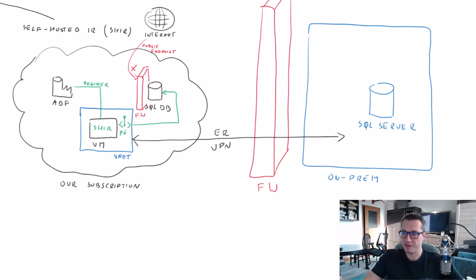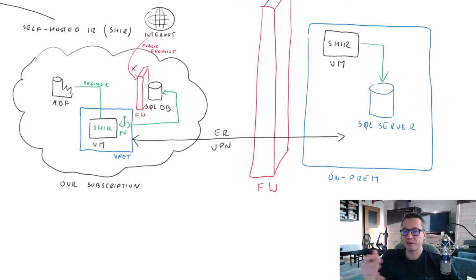The alternative approach, if we don't want to configure this ExpressRoute or VPN, would be simply to provision a virtual machine or regular machine in on-premises environment and install our self-hosted integration runtime there. And because it will be in the same network, then this runtime should have access to the database, to our SQL Server.